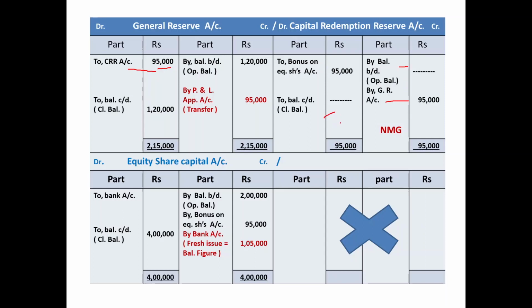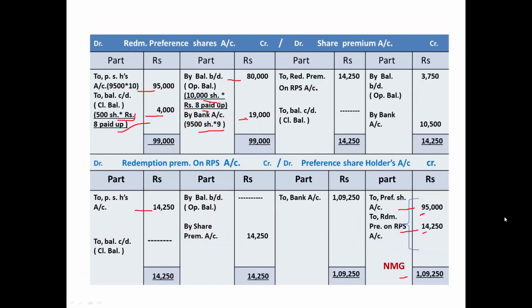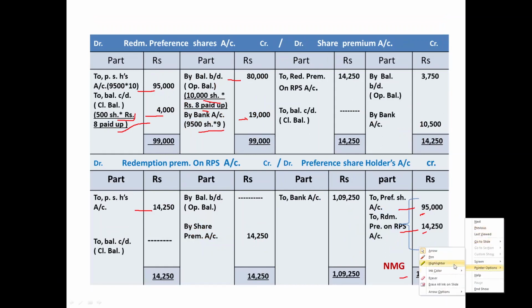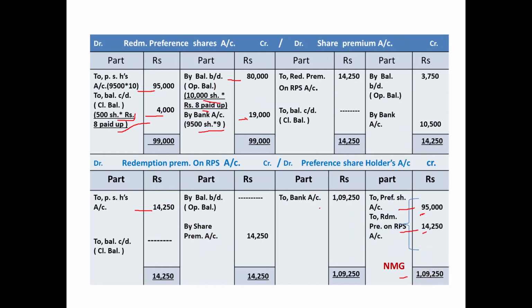So third journal entry for creation of CRR, GR debit to CRR credit. Then fourth journal entry. Let us verify for the purpose of payment. Preference shareholders account debited to bank account credited 1,09,250. Account got over.